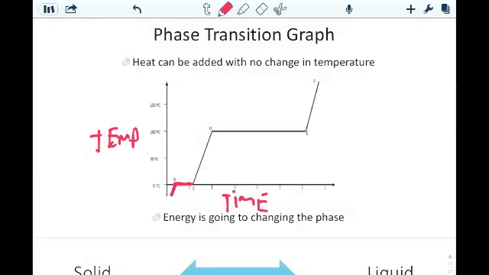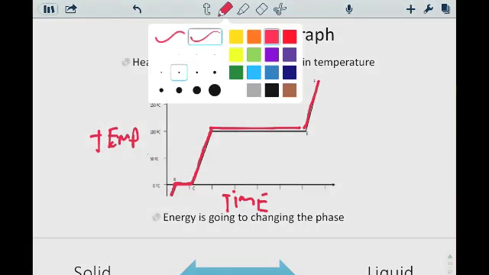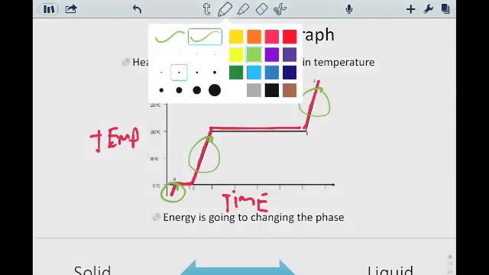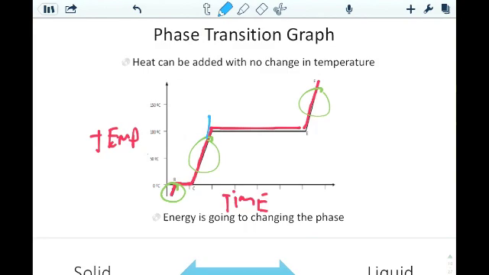Then we see we have this other slope, and then we have a plateau, and then another slope. We see 3 slopes, 1, 2, and 3, and then 2 plateaus. So here's a plateau, and here's a plateau.